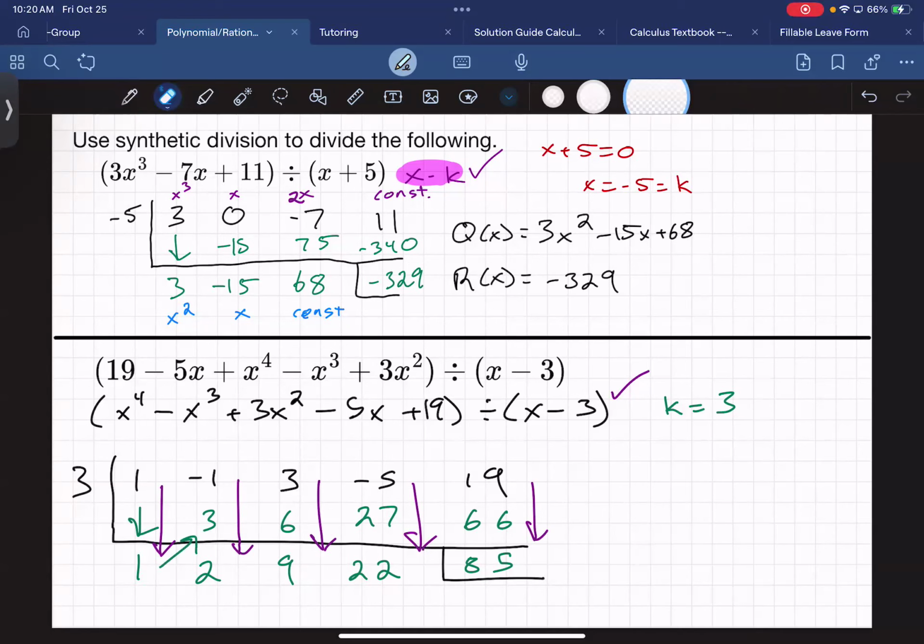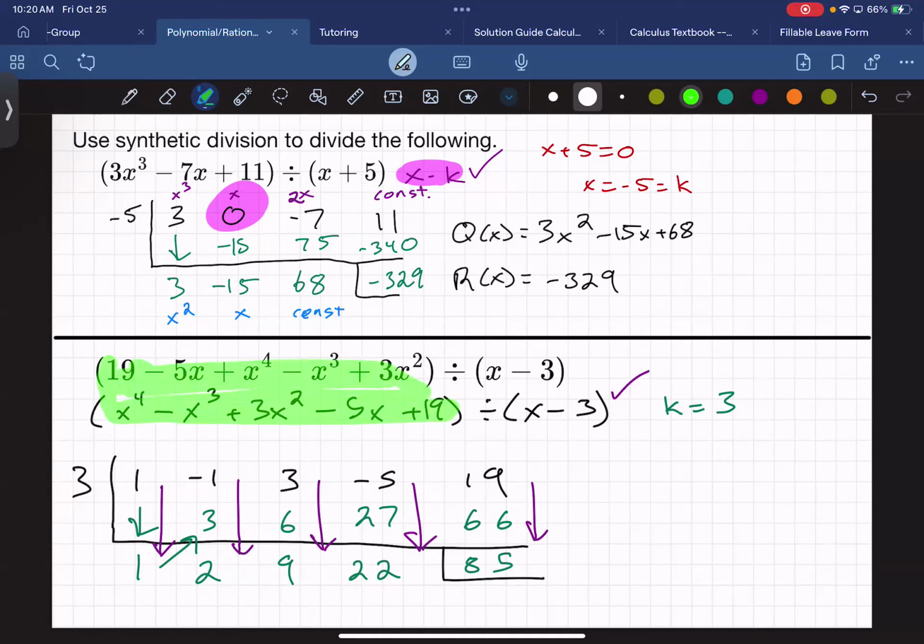All right. What I find people struggle with as far as tests are concerned, as I highlighted before, watch out for those missing terms. That definitely is one of those things we have to be careful of. As mentioned with this problem, make sure you see the importance of what we started off by doing here, by taking our polynomial and making sure we rewrite it in the proper order for division purposes.